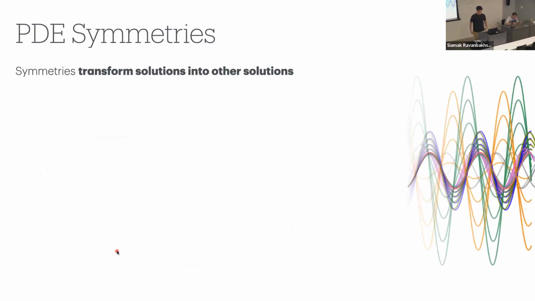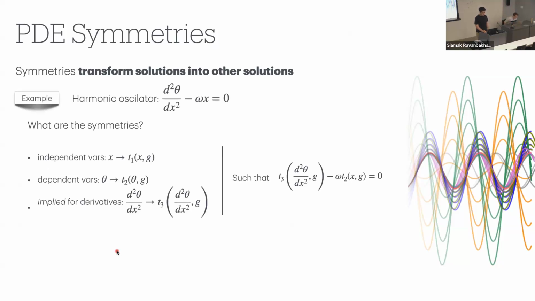The way symmetries come in is that symmetries of a differential equation transform solutions to other solutions. Let's see again through this example. If you have this simple harmonic oscillator, you have a transformation of the independent variable x using T1, a transformation of the dependent variable theta using another symmetry T2, and there will be an implied transformation of the derivative using this implied transformation function T3.